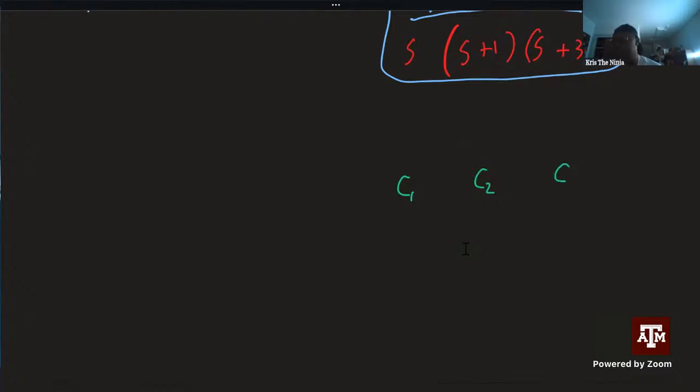Because we have 3 roots, we have to have 3 constants. So we're adding these together. One will be divided by s, one will be divided by s plus 1, and one will be divided by s plus 3. And we're trying to find what C1, C2, and C3 are.